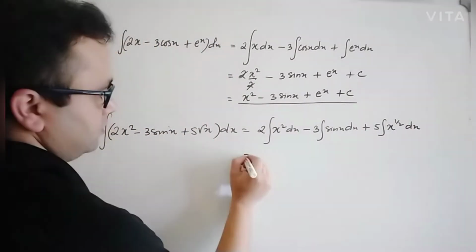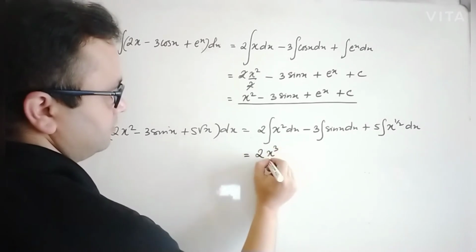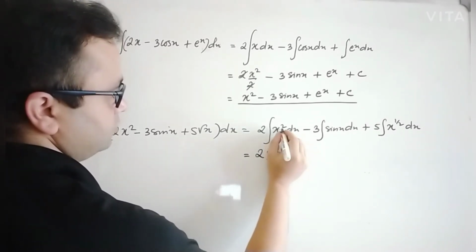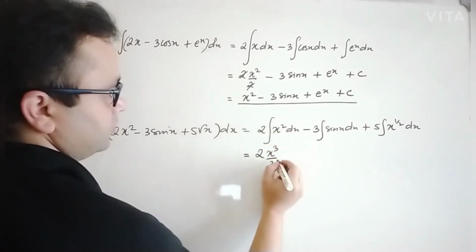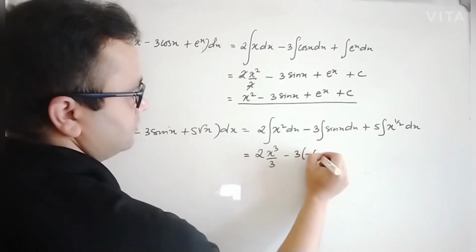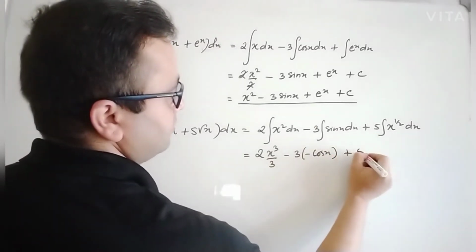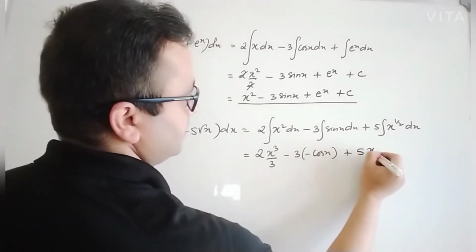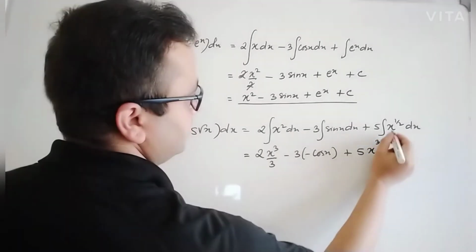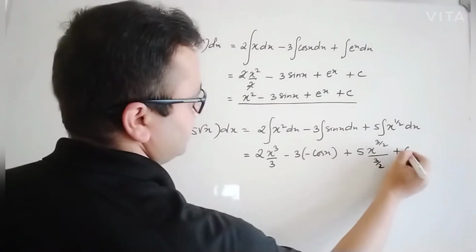So this will be 2 times the integration of x square, which is x cube by 3, because the power is 2, and 2 plus 1 divided by 2 plus 1 is 3. Minus 3 times the integration of sin x, which is minus cos x, plus 5 times the integration of x to the power half, which is x to the power 3 by 2 after adding 1, divided by 3 by 2, plus c.